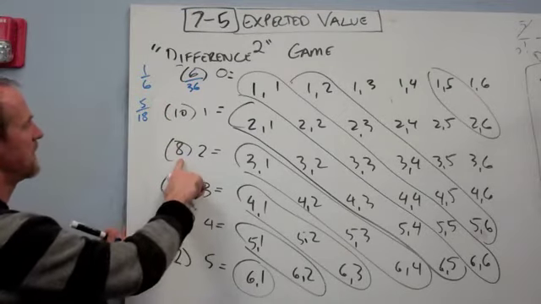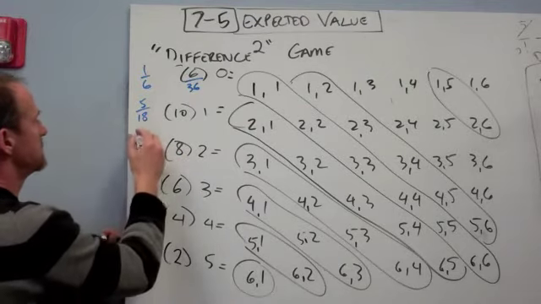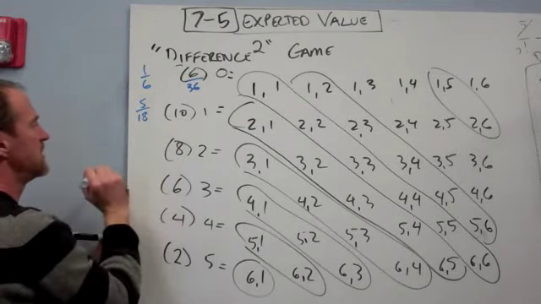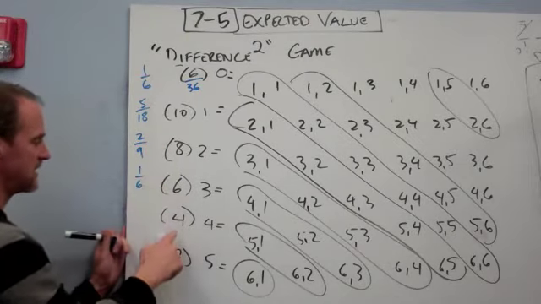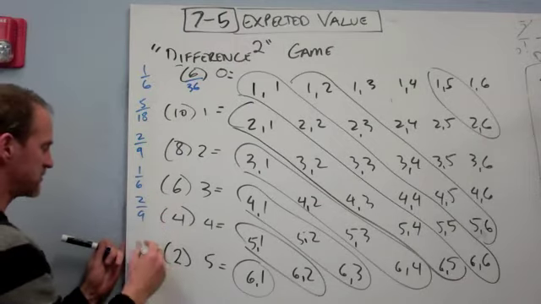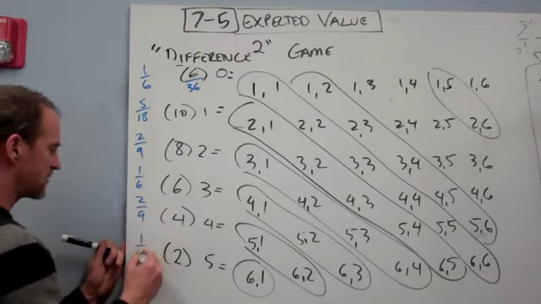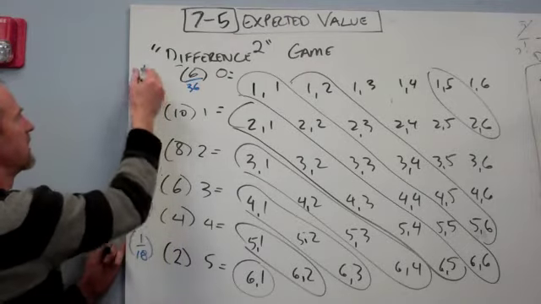This would be 8 out of 36, and that's going to be 4 out of 18, or 2 out of 9. This would be then 1/6 again, and this would be 2/9, and then finally this would be just 1/18. So these are the probabilities of each one of these events happening.